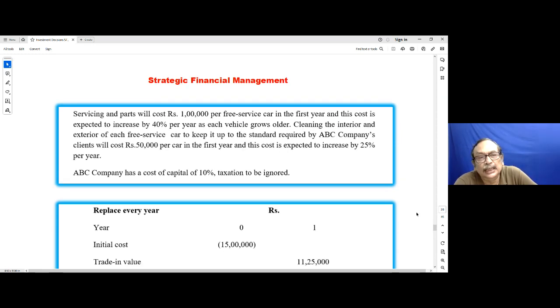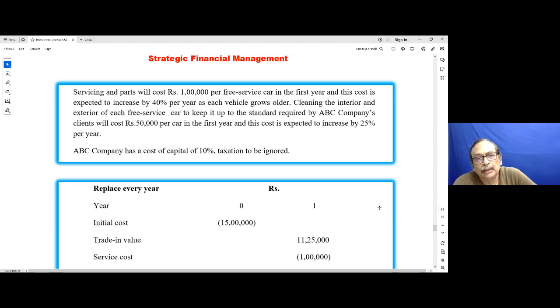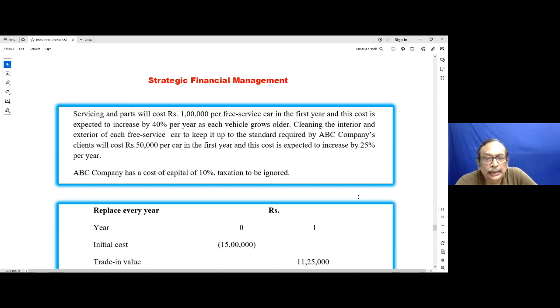Cleaning the interior and exterior of each free service car to keep it up to the standard required by ABC company's clients will cost rupees 50,000 per car in the first year, and this cost is expected to increase by 25% per year. ABC company has a cost of capital of 10% and taxation is to be ignored.